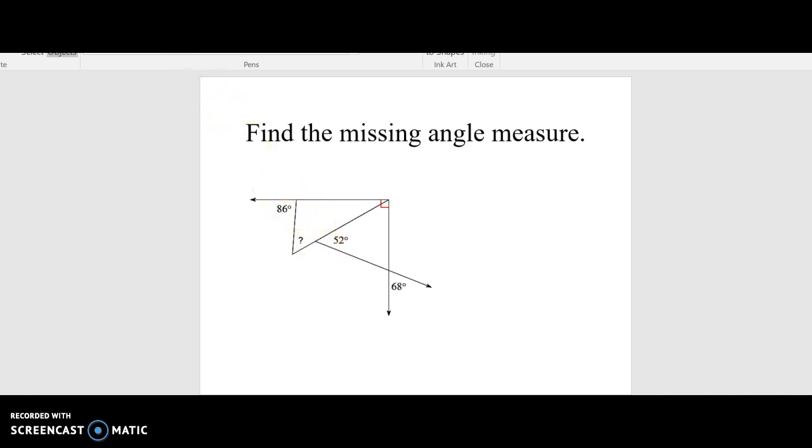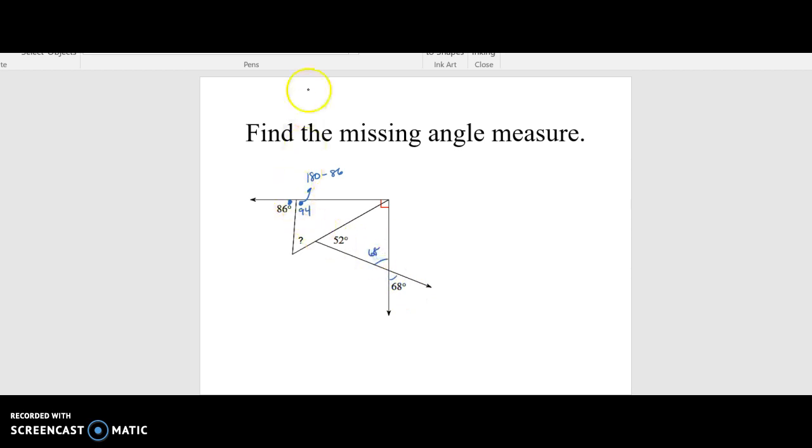So right here, these two angles are a linear pair. So to find that angle, 180 minus 86 would be 94 degrees. Now, these are vertical angles, so they're congruent.